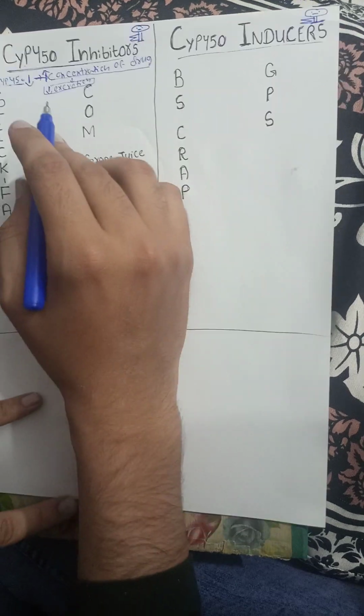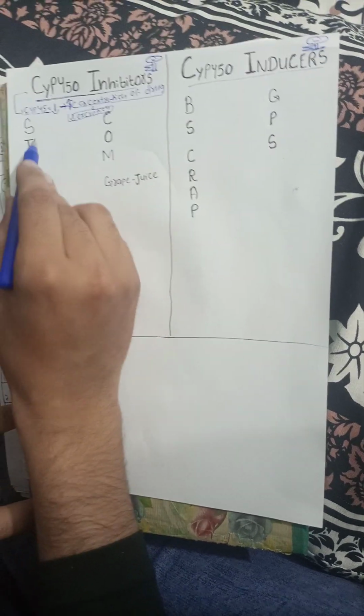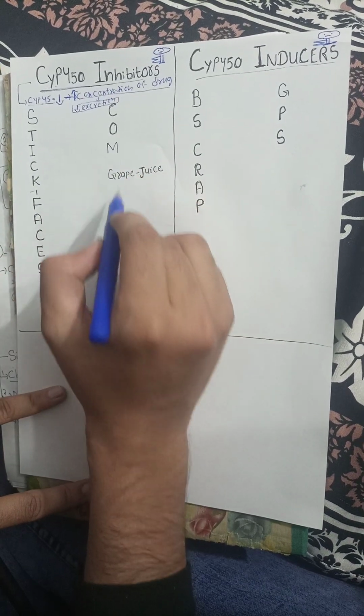One of the short-form mnemonics is "STICK FACES, COMB, and grapes."